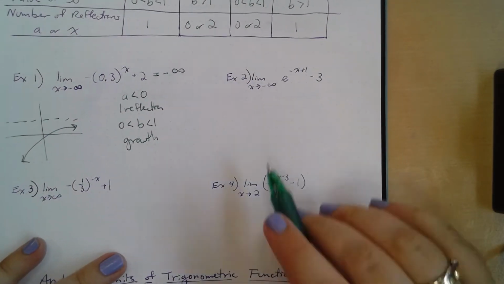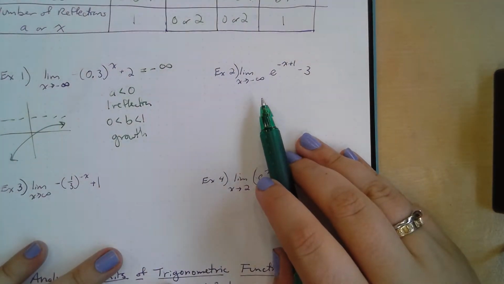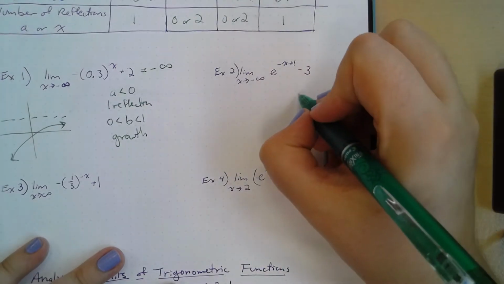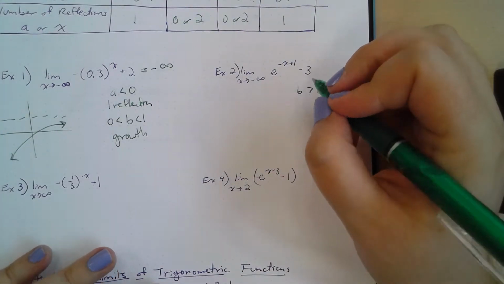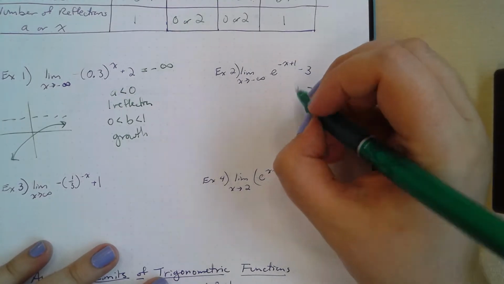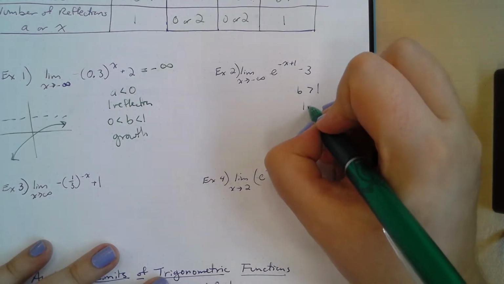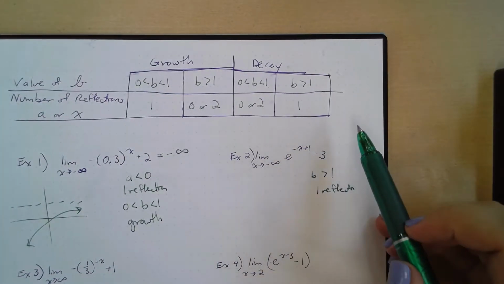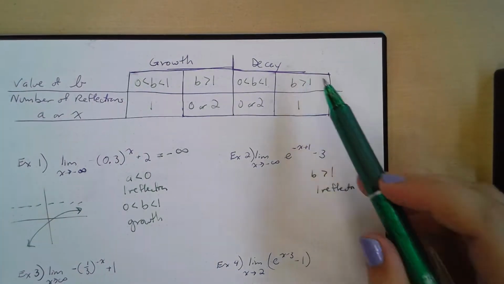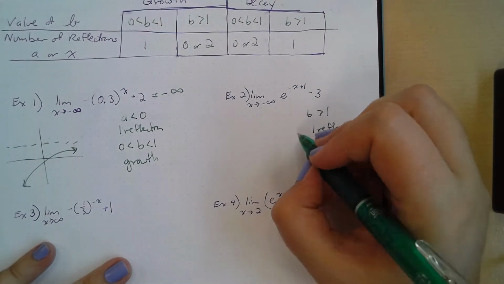For the second example here, it looks like b is going to be greater than 1. B is equal to e. And we have a negative x, so then we're going to have 1 reflection. If I go up to my chart here, b is greater than 1, and I have 1 reflection, so I'm going to have decay. I can write that down. I have decay.